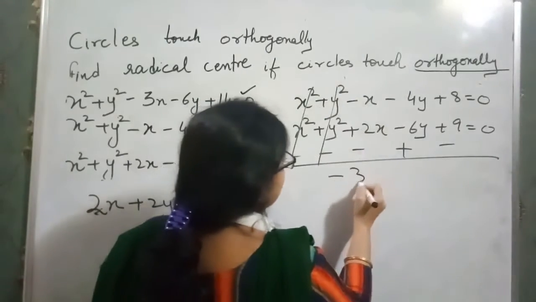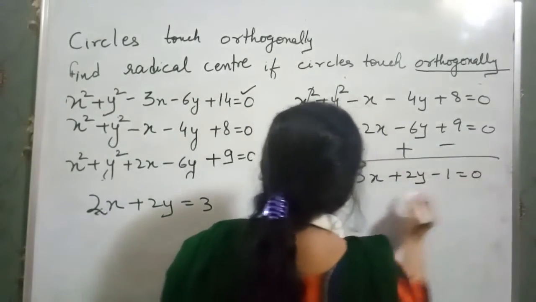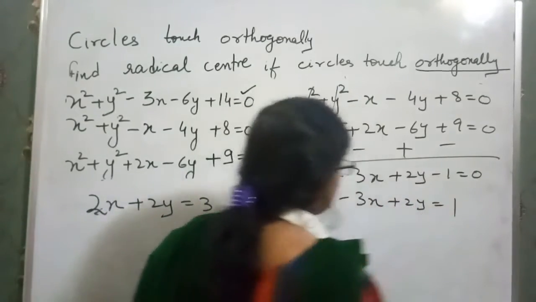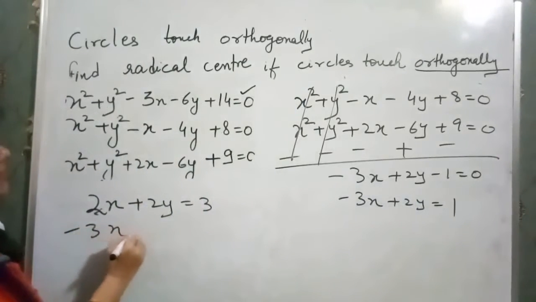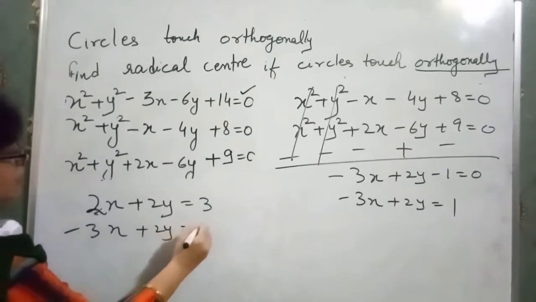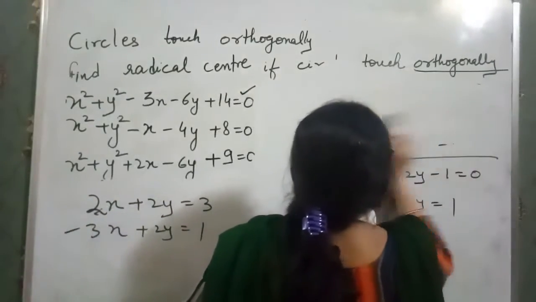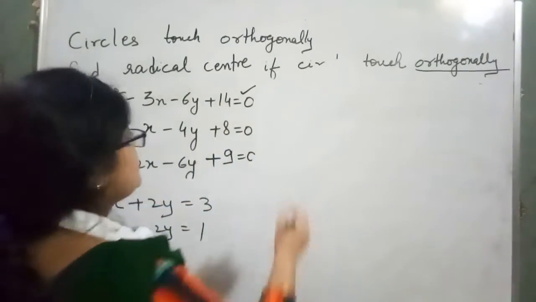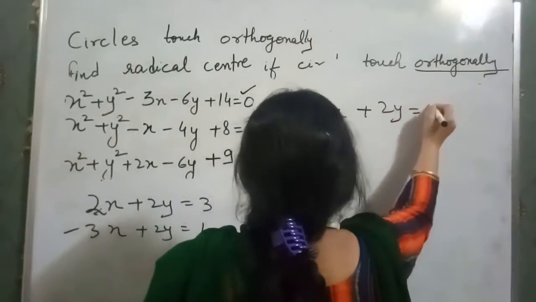We have minus 3x plus 2y minus 1 is equal to 0. That is minus 3x plus 2y is equal to 1. Now we solve these two equations. When we solve these two equations, we get the radical center of the circle. That point of x and y is the radical center.